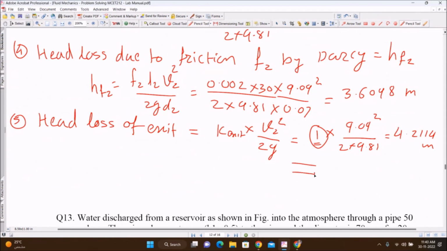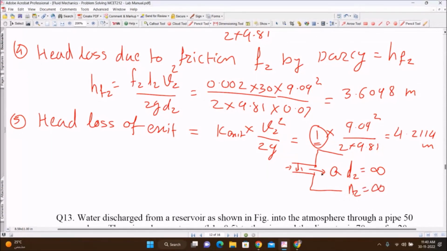So this is a pipe and this is an exit. So water is flowing outside. If you see the exit diameter is D2 and this inlet diameter is D1. So D2 is around infinity, so A2 is infinity.